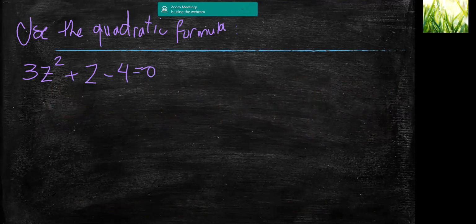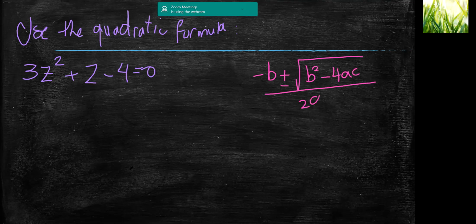Before that, who can remind us what the quadratic formula is? The quadratic formula is x equals negative b plus or minus the square root of b squared minus 4ac, over 2a. Exactly. This is how to find the solutions of x.